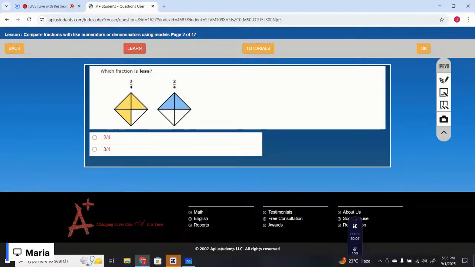Which fraction is less? 3 by 4, 2 by 4. That is 3 over 4. Option number 2 is the correct option.